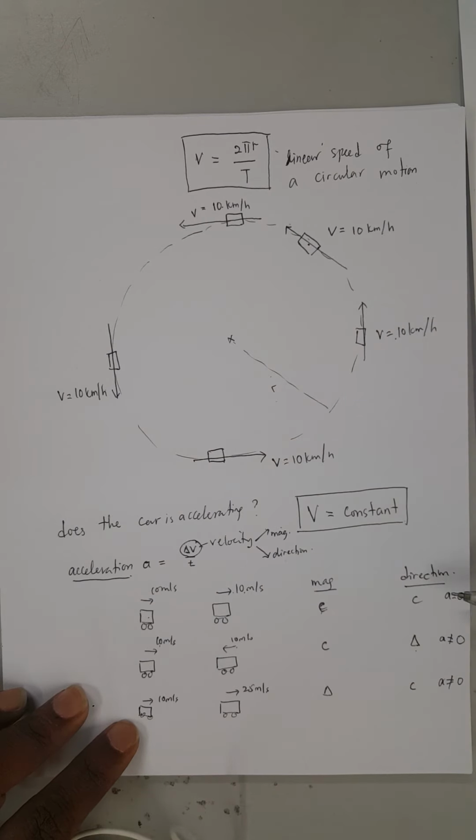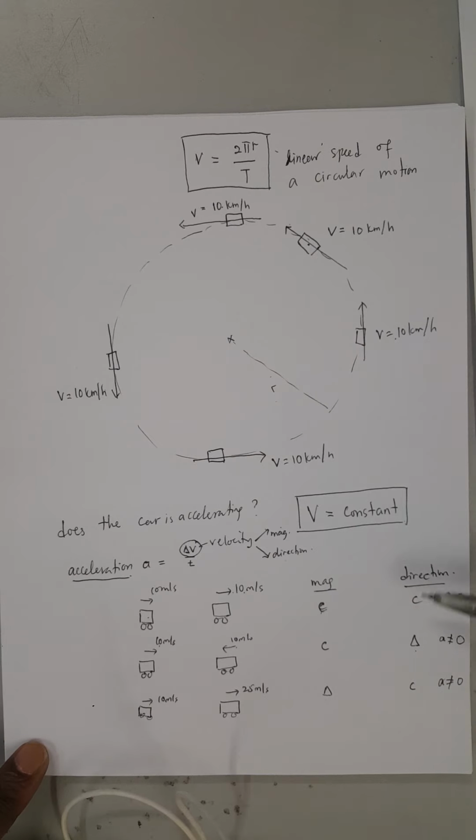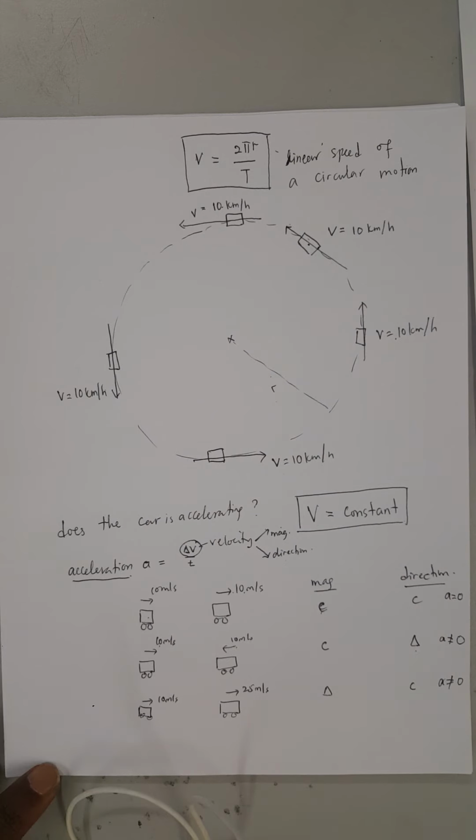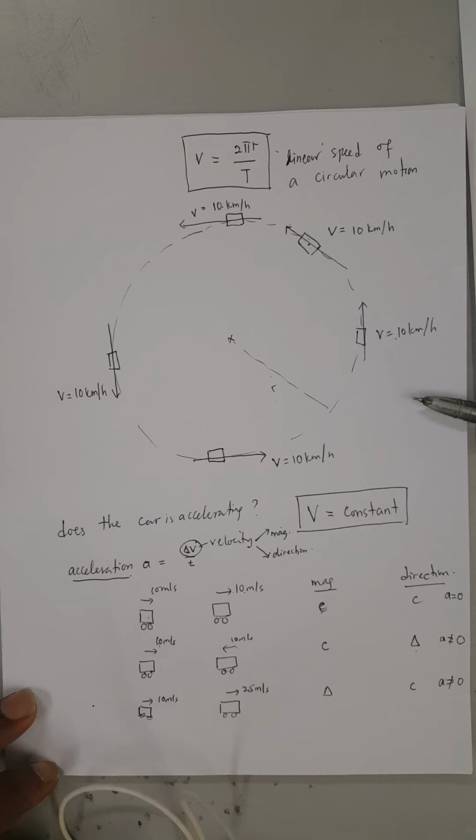So this is how we identify whether the object is accelerating or not. It's not necessarily true that if the magnitude is constant, or it's moving at a constant speed, its acceleration is 0. You must also look at its direction as well. You get it, guys?